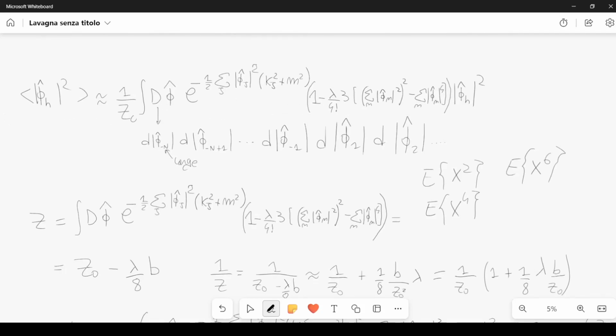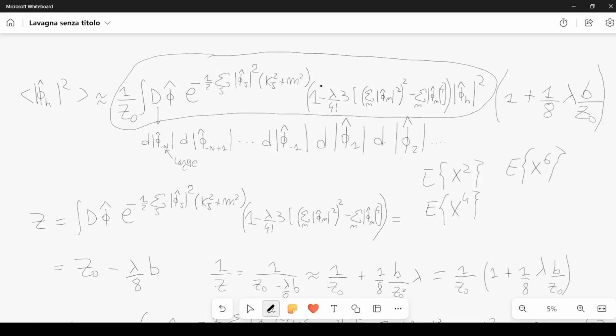Here we can put z0, and then after we calculate the integral, we can multiply everything by 1 plus 1 over 8 lambda b divided by z0, like this. We have already evaluated b over z0, so we know what to put here, but we have to evaluate this other part, this one here. So this is what we want to do at the moment.